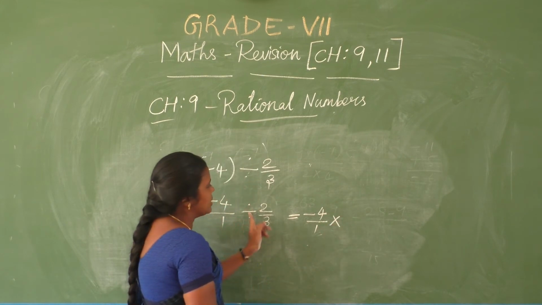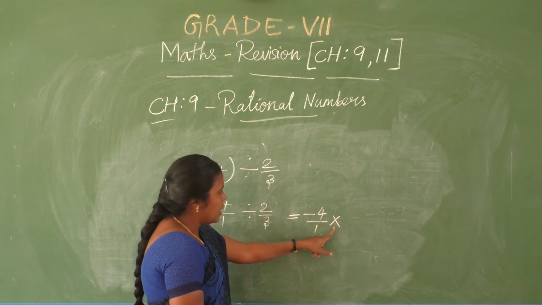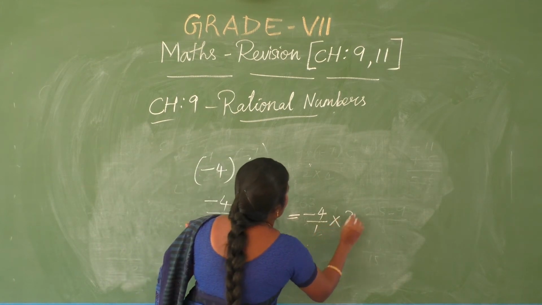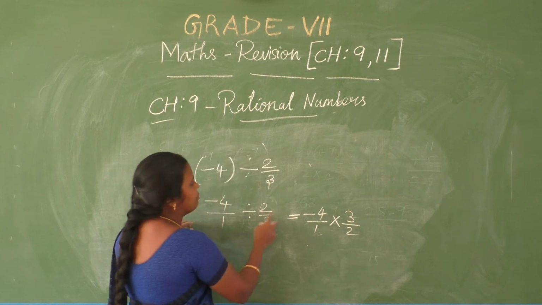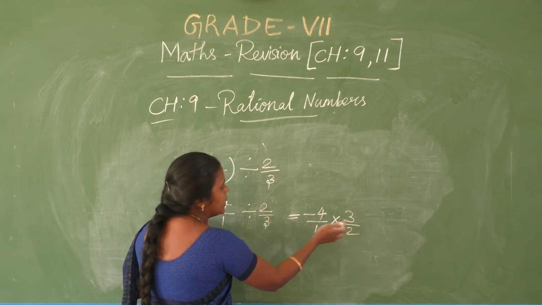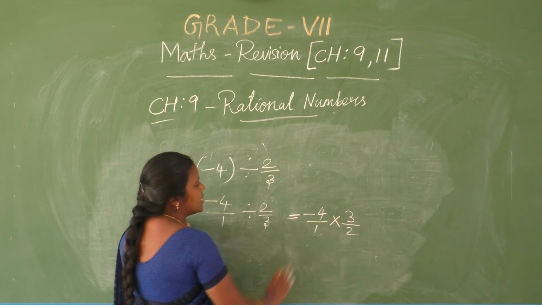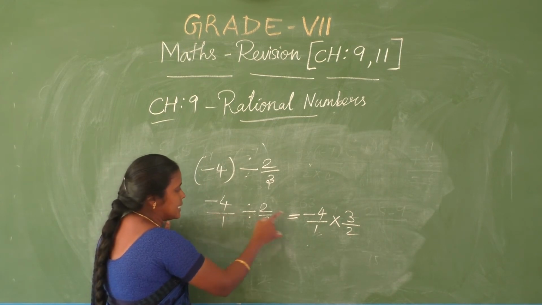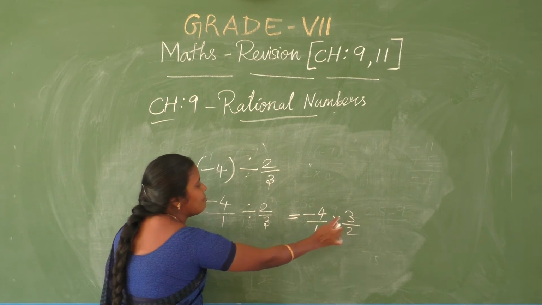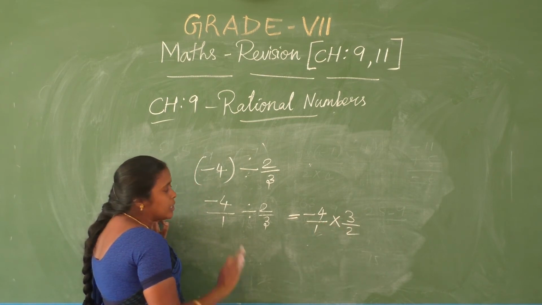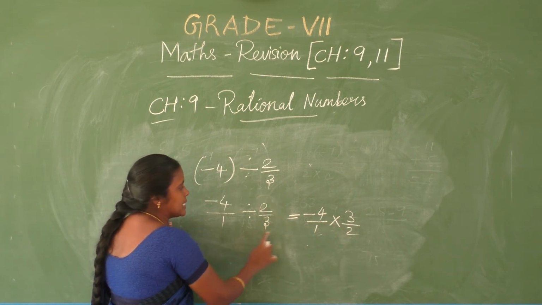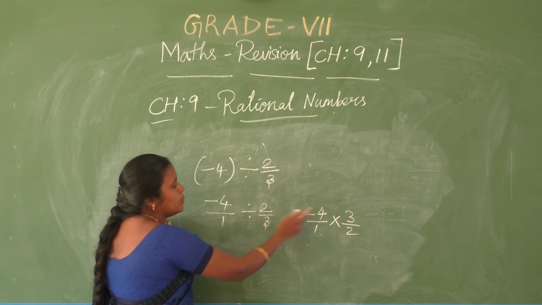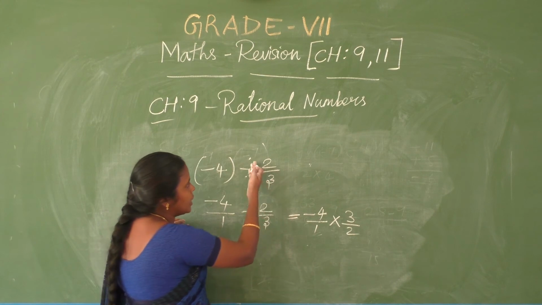Division changed to multiplication. After that, this 2 by 3 reciprocal is 3 by 2. You have to do the reciprocal form at that time. Clear? Which part is to be reciprocated? The second part, by which you are going to divide the first one. Now we got it.